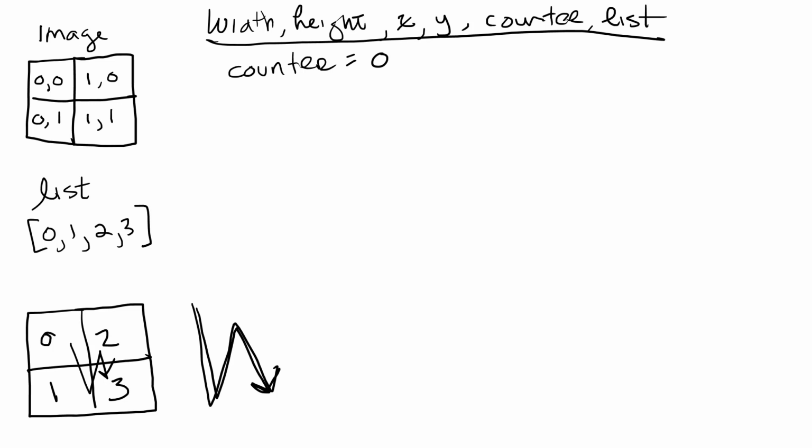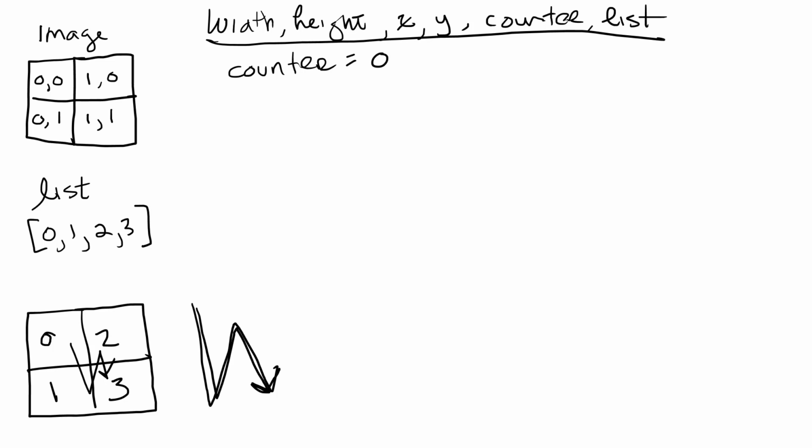So counter equals 0, x equals 0, while x is less than width. Now, sorry, go back a little bit. Before we do that, we have to set our x equal to 0.